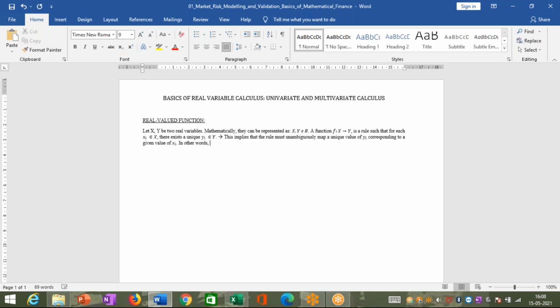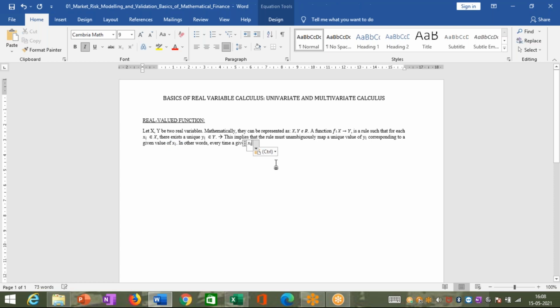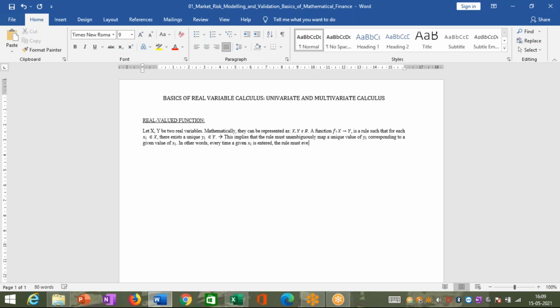So in other words, every time a given xi is entered in the function, in the rule, the rule must at every iteration map it to the same yi, right?